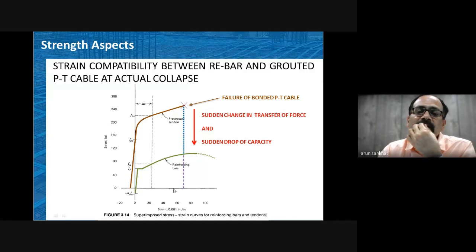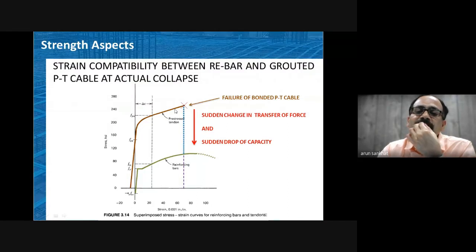It can elongate up to this level only. After that it will not elongate, right? So the ductility part remains this much only for the bonded PT cable part. So as far as the ductility failure is concerned, at this point the pre-stressing will fail, and now the entire force shall be resisted by the reinforcing bars only.